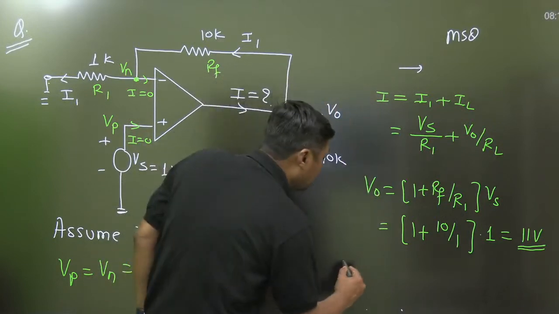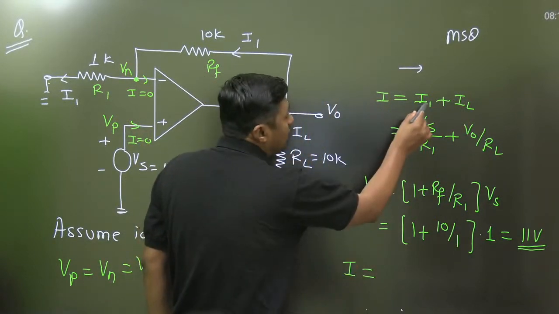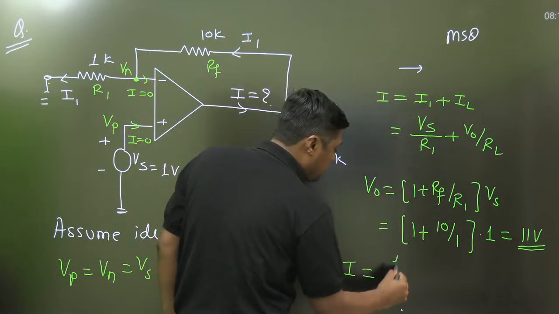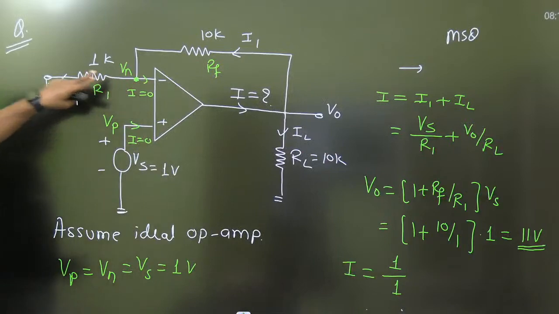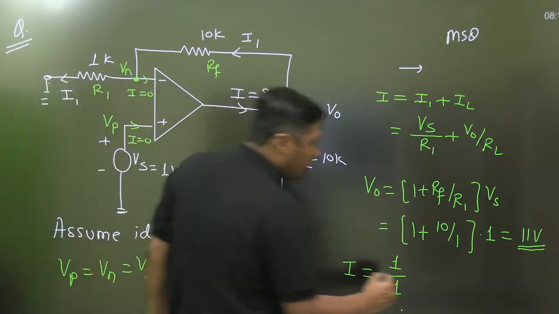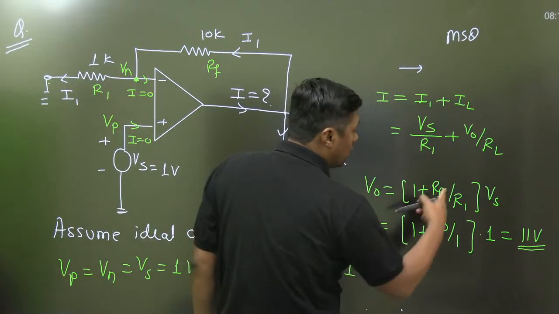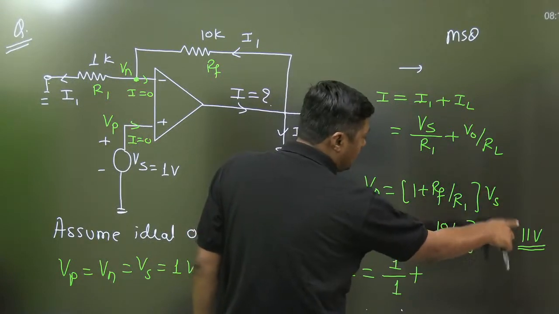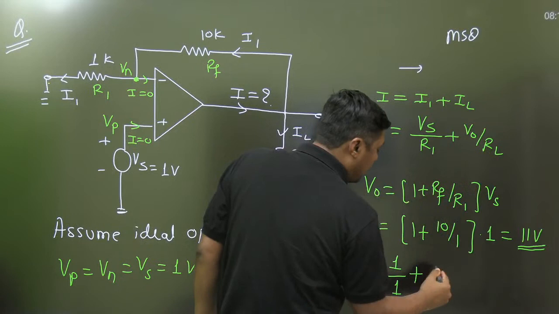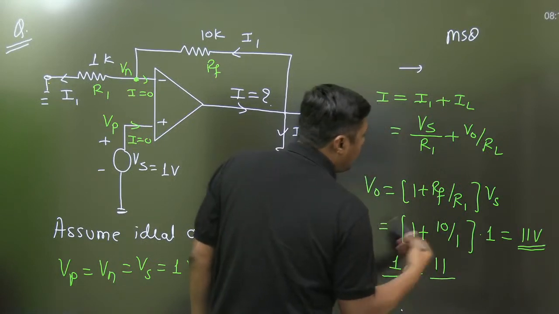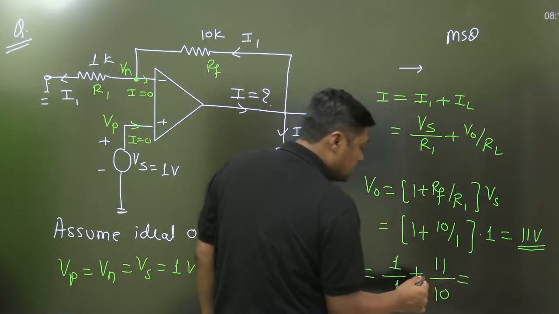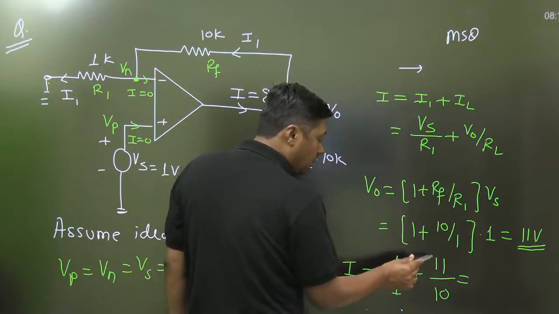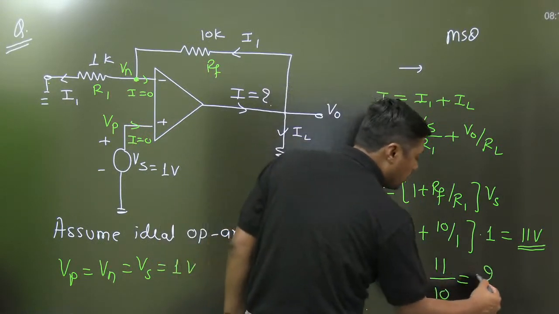What is the value of the current now? Vs by R1. What is the Vs? 1. What is the R1? 1. 1 divided by 1 is equal to 1 milliampere, plus 11 volt divided by RL. What is the RL? 10 kilo ohm. So this will become 1.1 plus 1, and the answer is 2.1 milliampere.